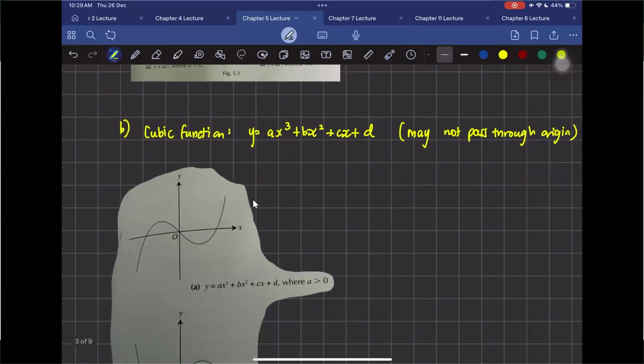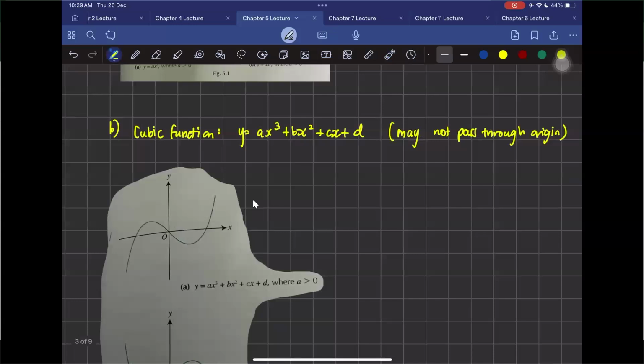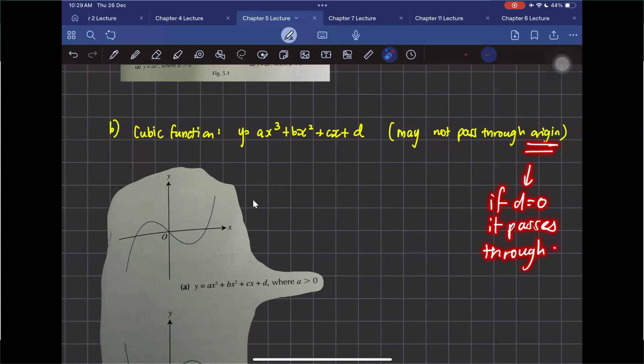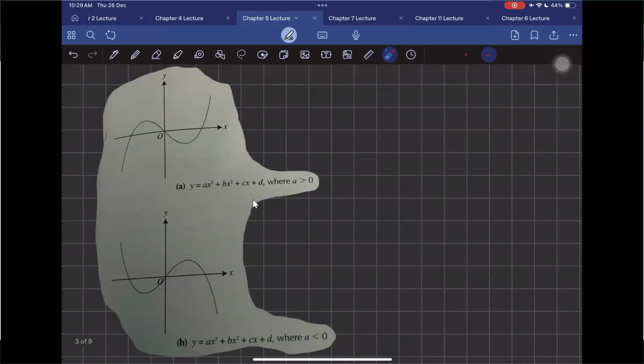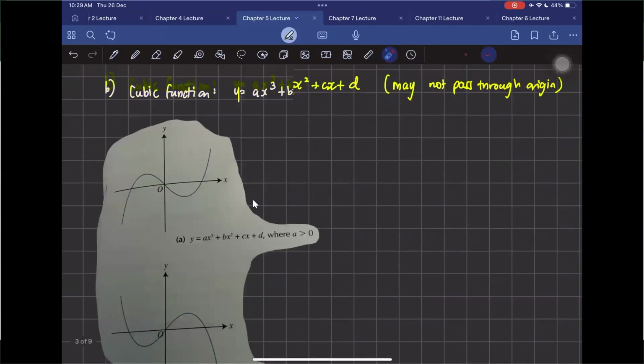Whether it passes through the origin or not depends on your d value. If d equals 0, it passes through the origin. In this case, d is your y-intercept. If d is not equal to 0, then it wouldn't pass through the origin.